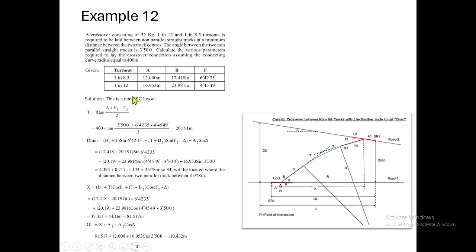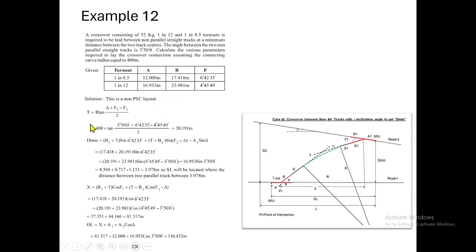For that, this is the data given. A and B and all you can take from the table, and this is crossing 1 in 8.5 and 1 in 12. This is what they have put for the non-PSC layout, maybe. Now we have the latest values for CMS crossing with PSC, for that you can take the value. This is the old value anyway, and for example's sake only we are doing it.